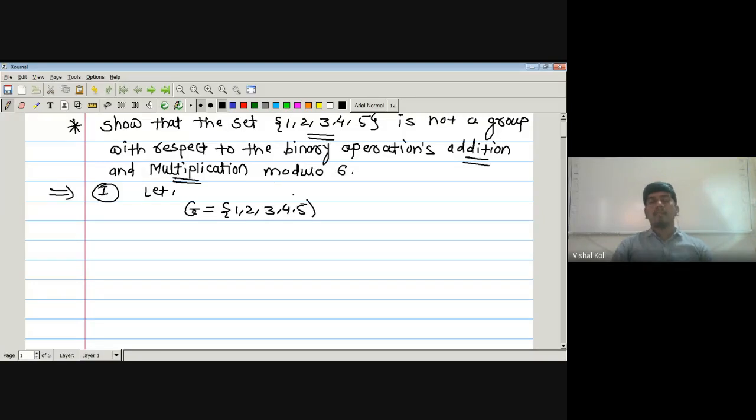Modulo 6 means if we take any elements belonging to this set for addition, if we take 1 plus 2, which is 3, which is less than 6, then there is no effect on this 3.